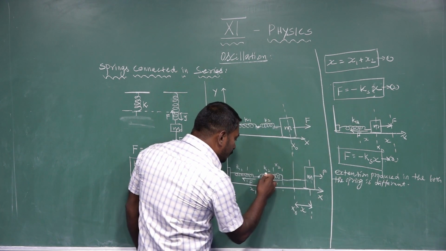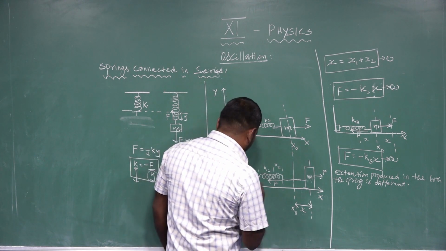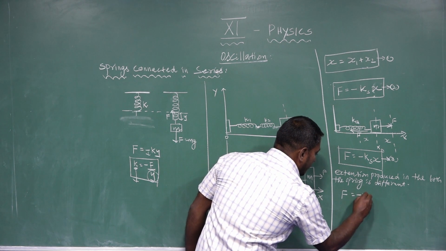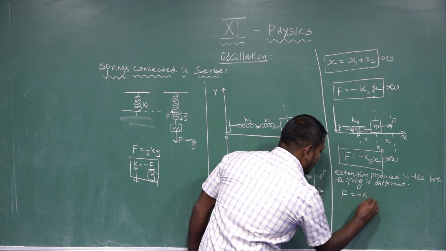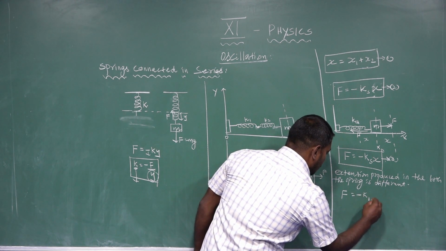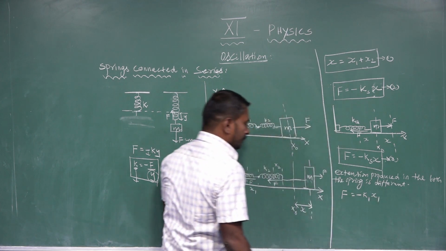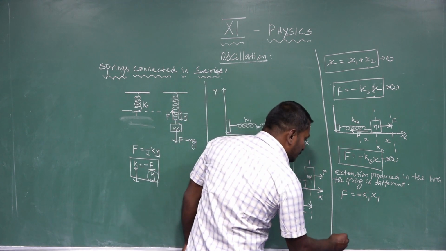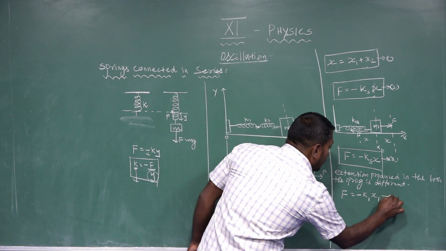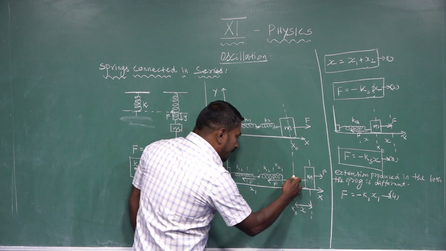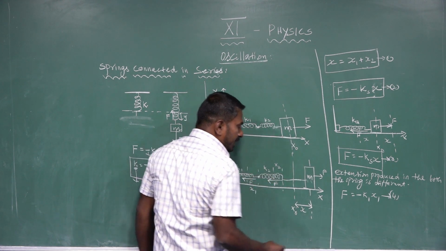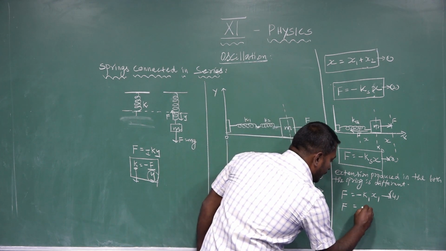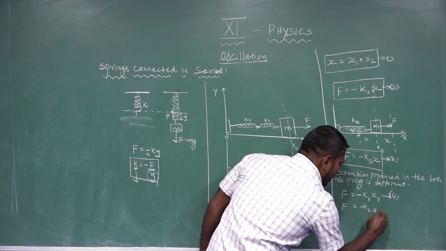So the restoring force developed in the first spring is F equal to minus K1 x1. Equation number 4. The restoring force developed in the second spring, the same restoring force in series connection, is F equal to minus K2 x2. Equation number 5.